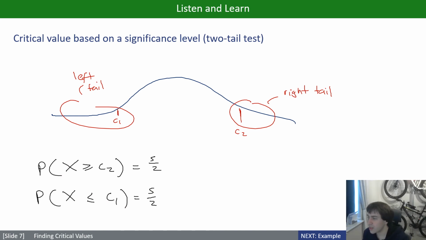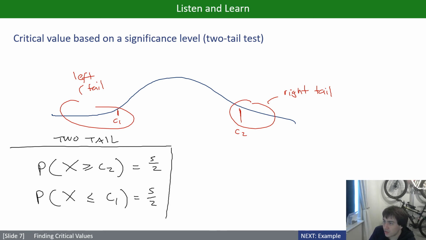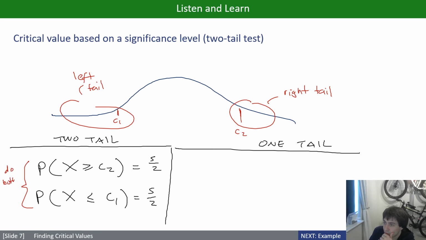In fact, I'm just going to summarize it here to make it clear. This is the two-tail set of formulas you should remember. It summarizes the concept really, but if it helps to remember it as a formula, then you should do so. For one tail, we're basically saying pick one. Here you do both, whereas for the one tail, only one of them actually applies.